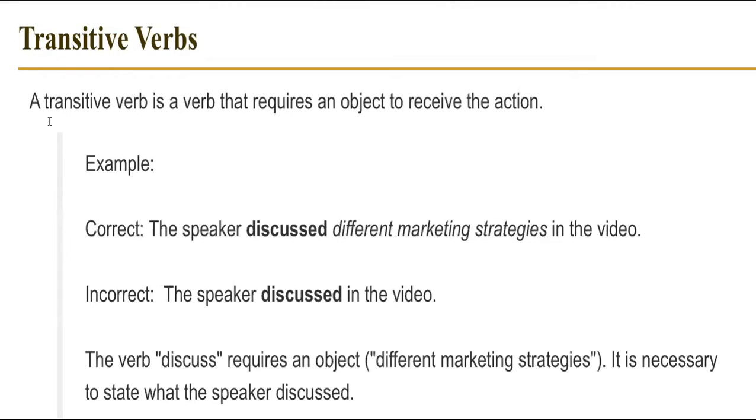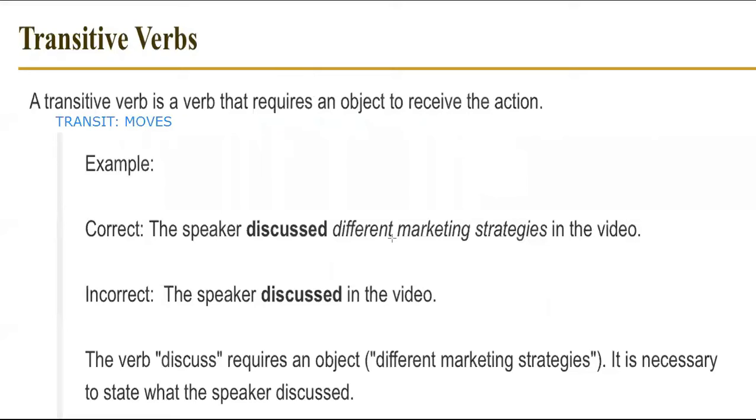Transit means something that moves. So when we are talking about a transitive verb, that means that it moves from a relationship between one part of the sentence to another part of the same sentence. So let's see. I will show you the first example.